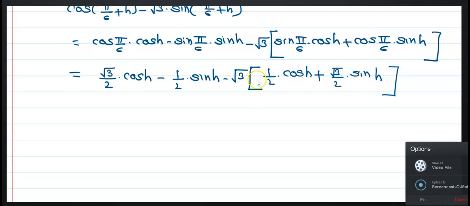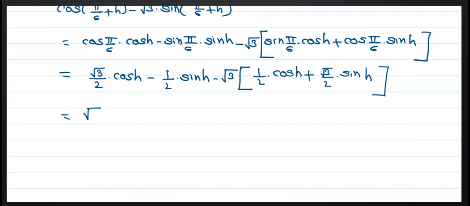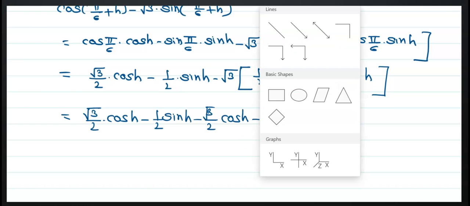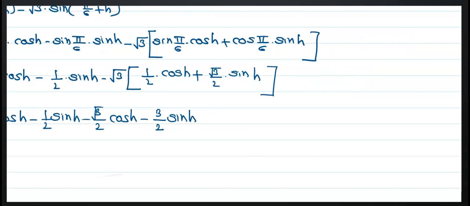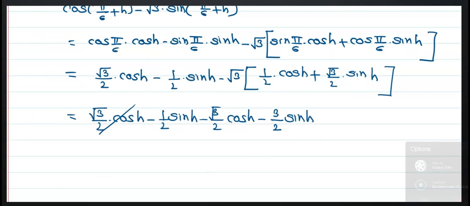Now multiply by root 3 and simplify. Root 3 upon 2 cos h minus 1 upon 2 sin h minus root 3 upon 2 cos h minus root 3 into root 3, that is 3 by 2 sin h.